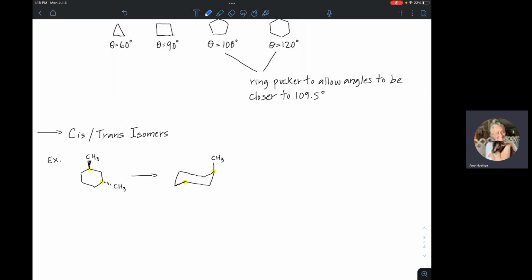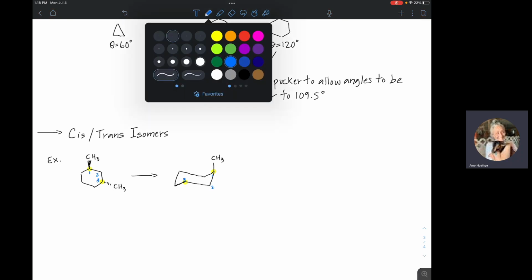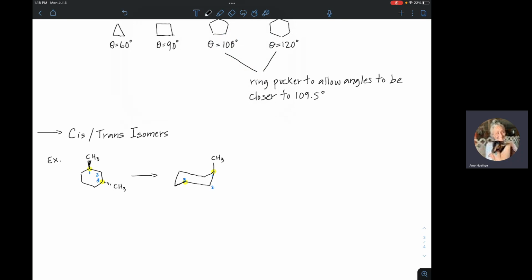So let's number these so that we can follow these together. 1, 2, 3. Here I'm going to say this is 1, 2, 3. Just so you can follow what's going on. On that third carbon, I have a dashed line going to the methyl group, which means it's pointing away, so down.